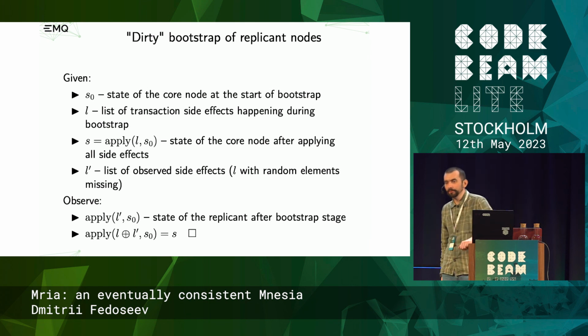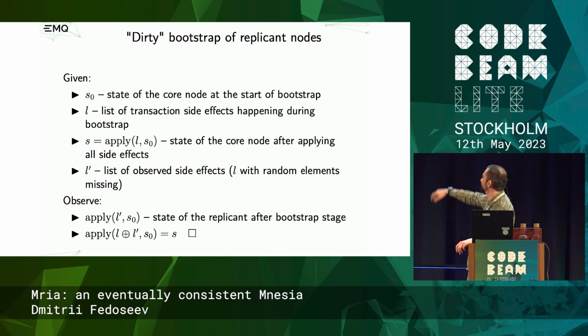So we basically proved that for every possible transaction log, infinite, finite, we can create a random copy of this log with some elements missing, concatenate it with the transaction log, and then apply it to the storage, and we get equivalent storage to the one to which we applied the normal transaction log. Probably not the best at explaining this, but yeah, basically the last line here is the property.